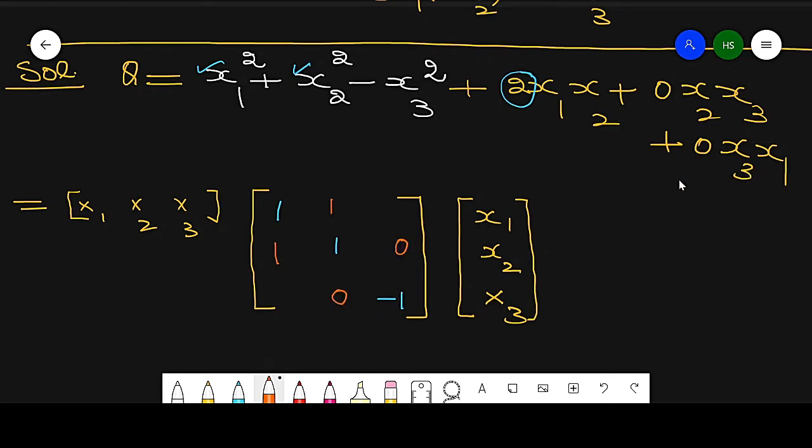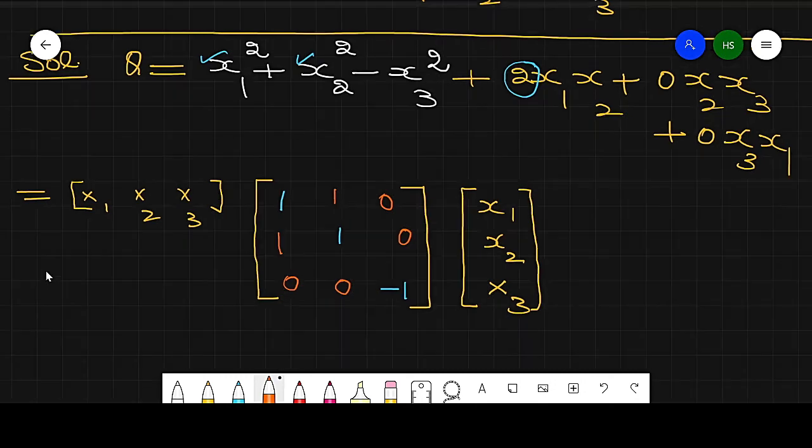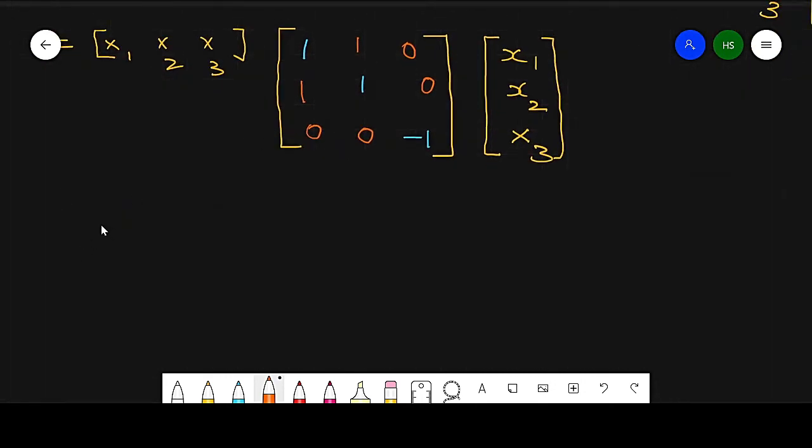And last is 1 3, again 0 and again 0. So this is the C matrix. This is X transpose, this is the C matrix, and this is X. So that is my result.